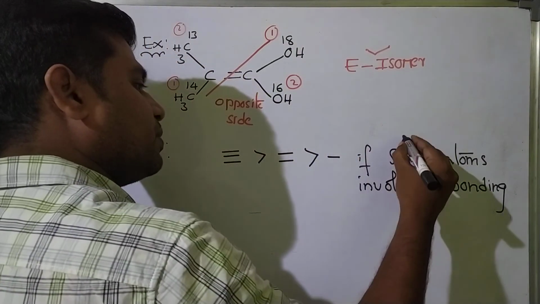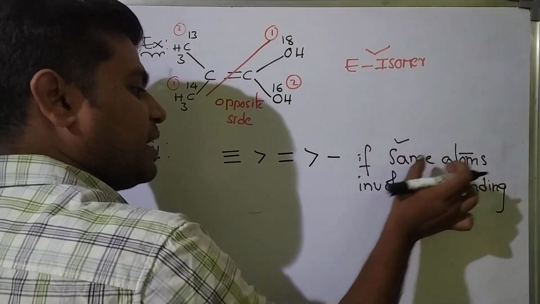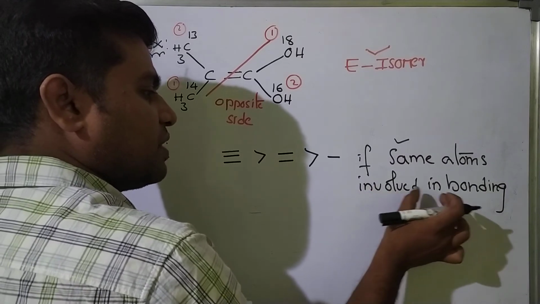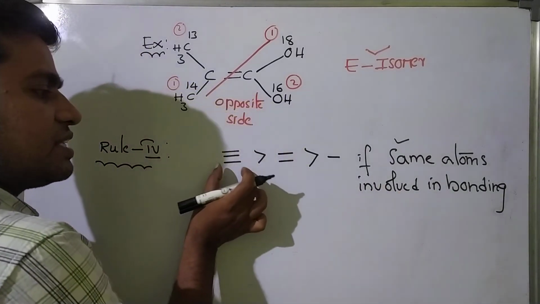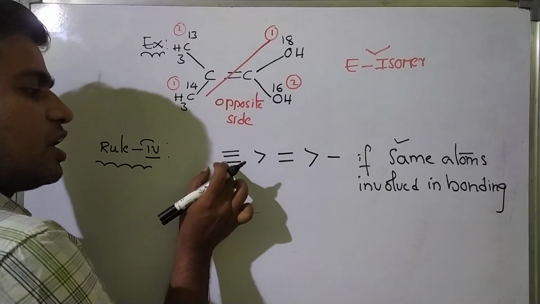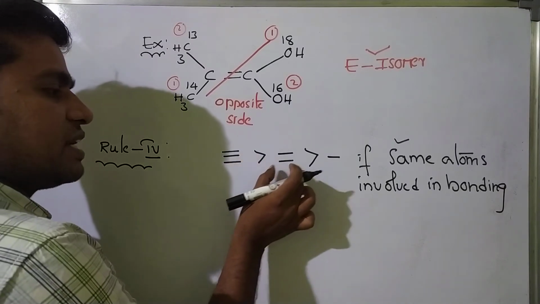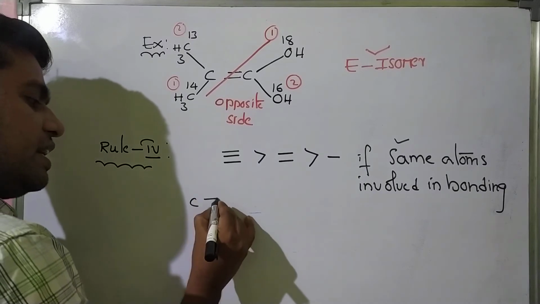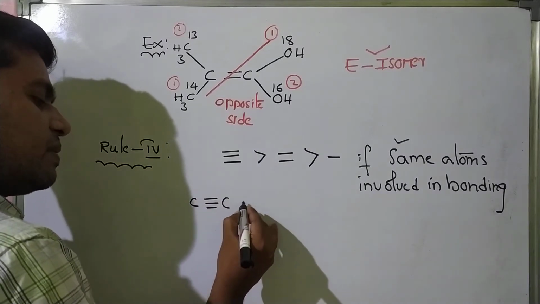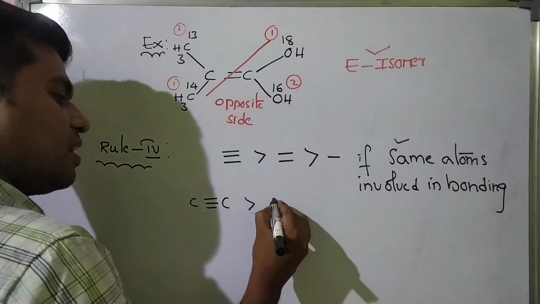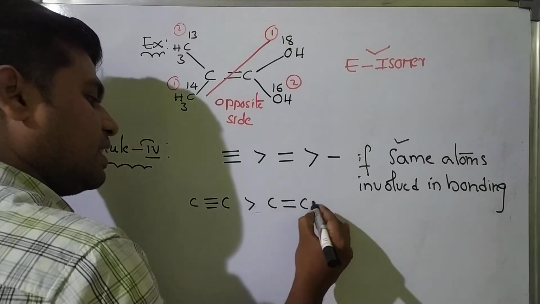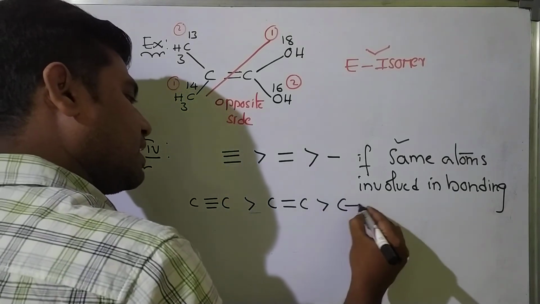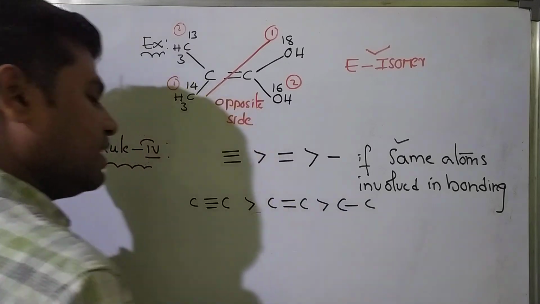So this is very, very important. If the same atoms are involved in bonding, in such a case the priority order is triple bond greater than double bond greater than single bond. Example: carbon carbon triple bond is greater than carbon carbon double bond, which is greater than carbon carbon single bond.